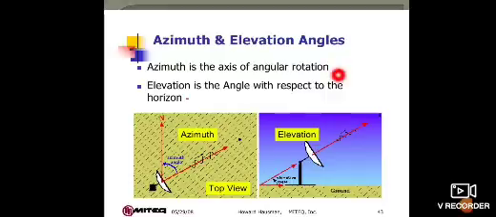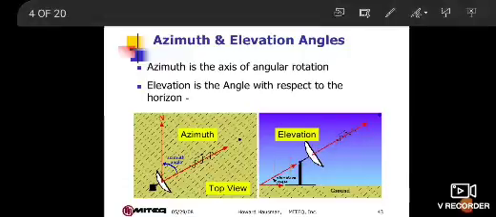And when we have the elevation, whenever we have some ground, this is called the base, and the angle at which the antenna projects or propagates signals is called elevation.